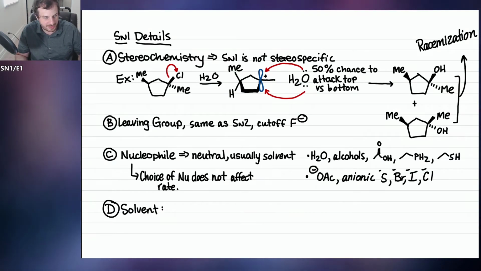And then in terms of the solvent, the only thing you need to know about the solvent is that it must be protic. Although I will never have a reaction fail just because of the solvent, so never say no reaction just because the solvent doesn't seem to match what you're thinking. But just know that generally speaking in SN1 reactions, the solvent must be protic. And the reason for that is that they facilitate the dissociation step.